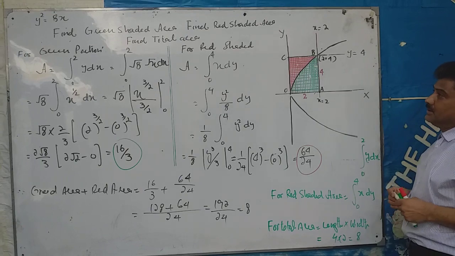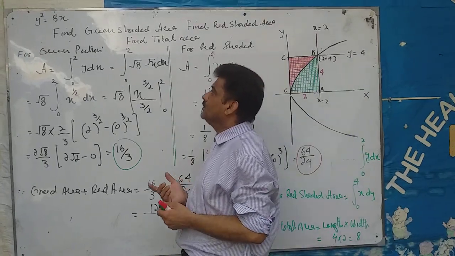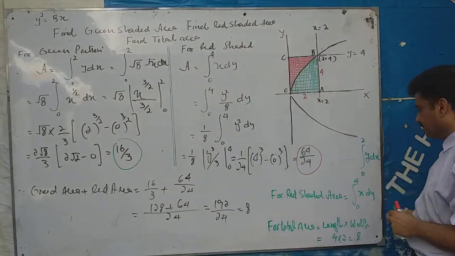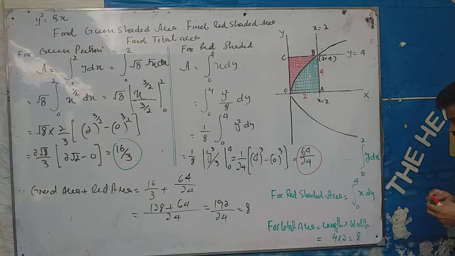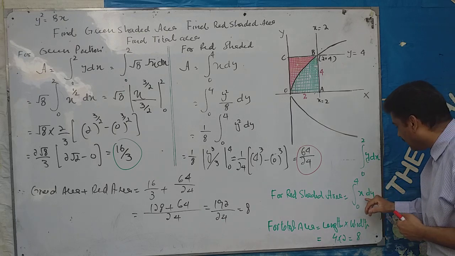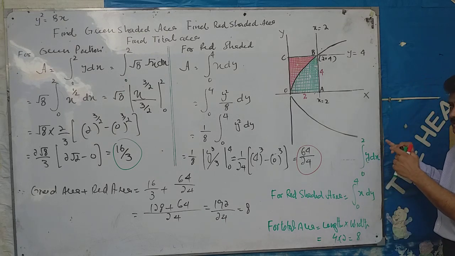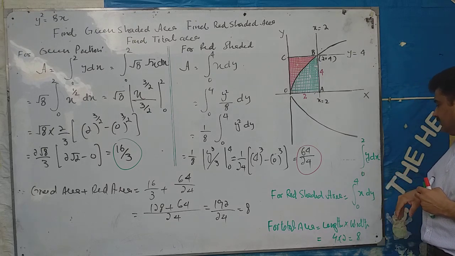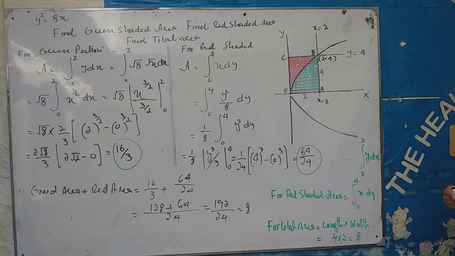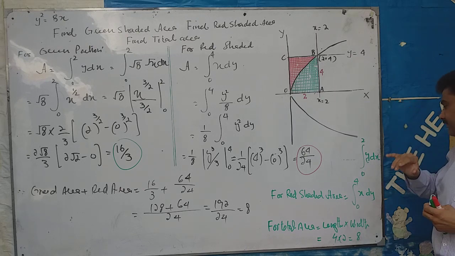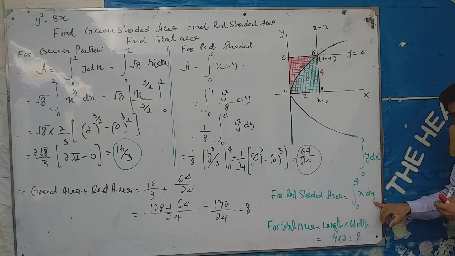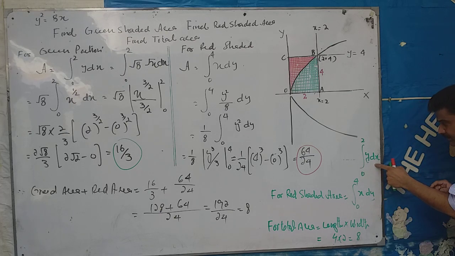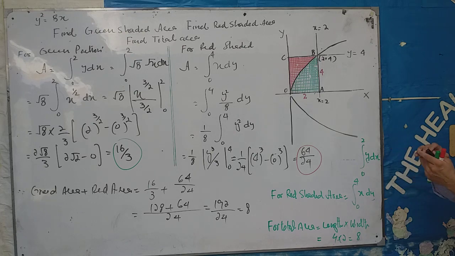Hence, in this example, we use both formulas to find the areas. We use the formula with dx when limits of integration are given in terms of x, and the other formula with dy when limits of integration are given in terms of y.